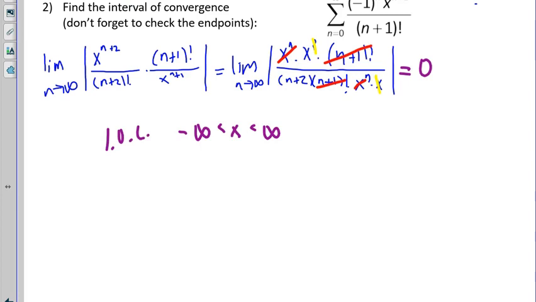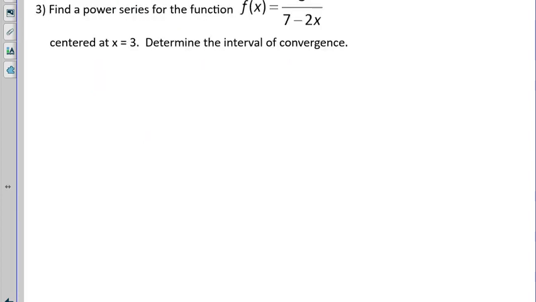Okay, so now we're going to talk about some things that we maybe remember a little bit from last year, actually. So we want to figure out the interval of convergence on this, but we have to first write a series for this. So this is something that we learned last year. This is actually the formula, kind of, a version of the formula for the sum of a geometric series. So we want to rewrite this so it looks like 1 minus the ratio.